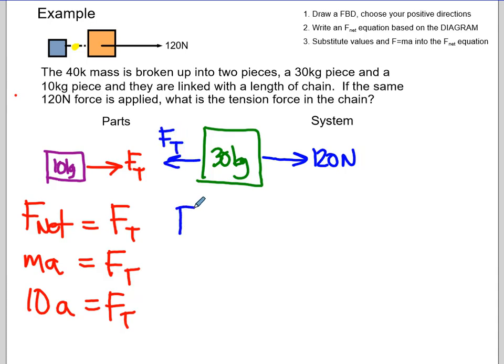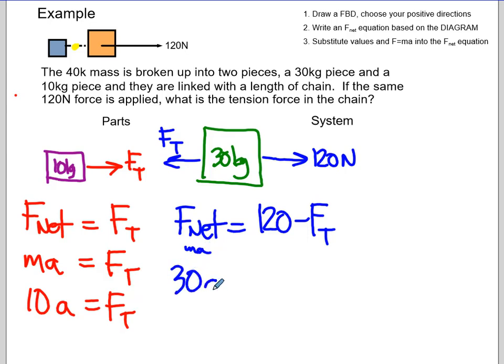So when we write our F-net expression, we would have 120 minus Ft. Now again, I replace F-net with MA. I'm just going to skip a line and jump ahead to say this is 30a equals 120 minus Ft.